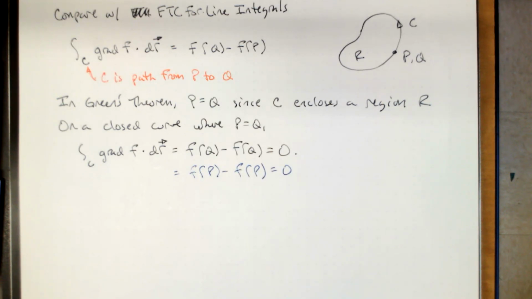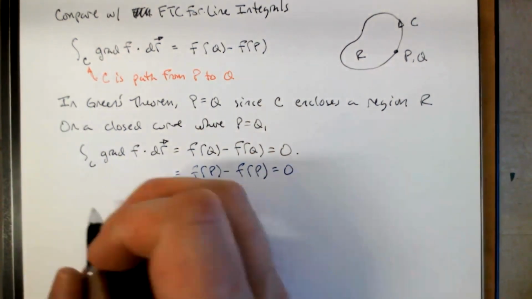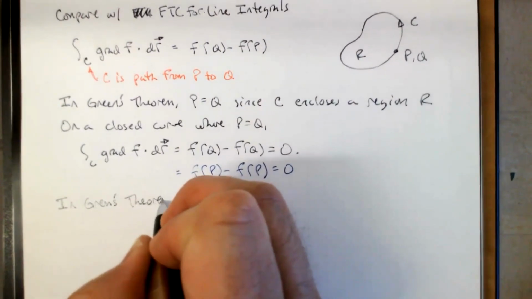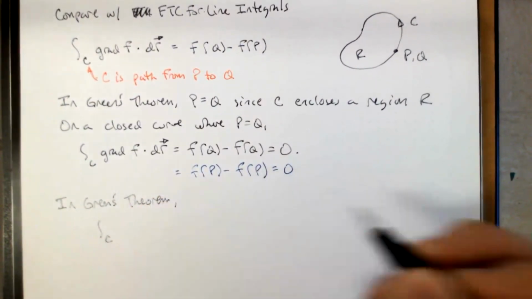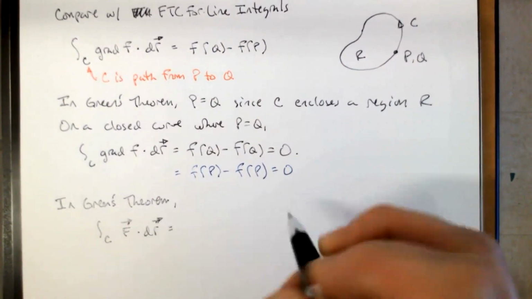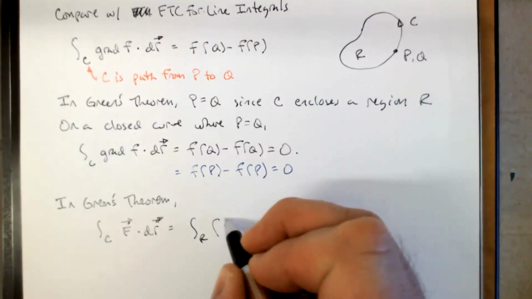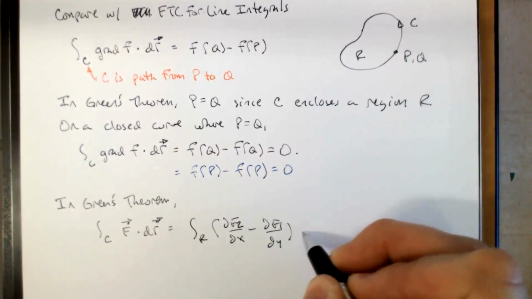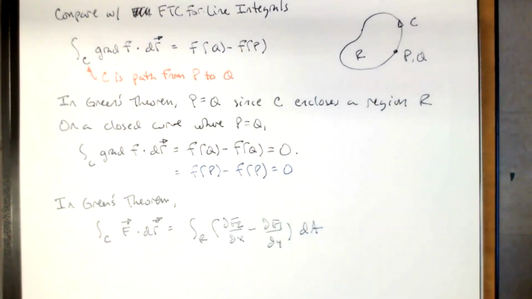So if we think about how this shows up in Green's theorem, if f is a gradient field, then this is going to end up being 0.